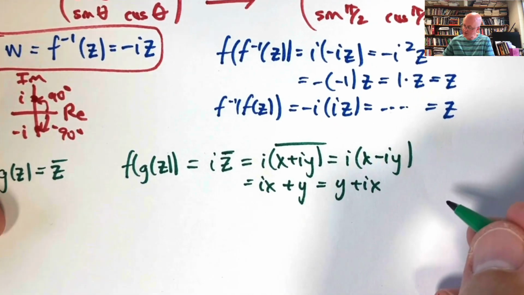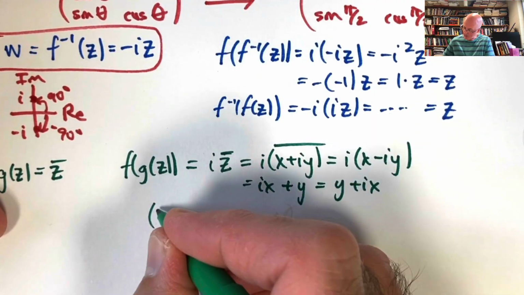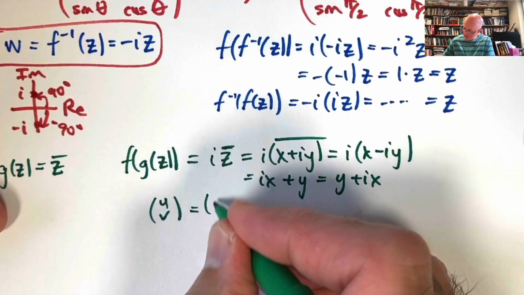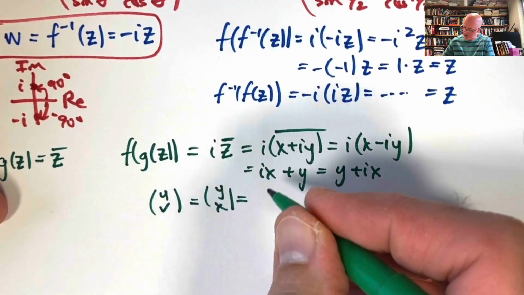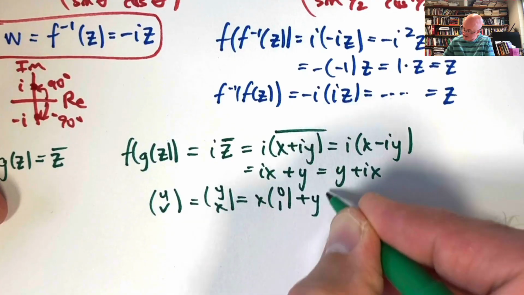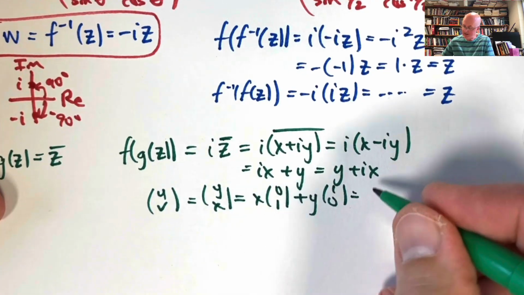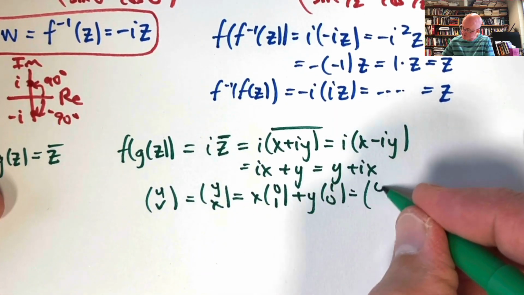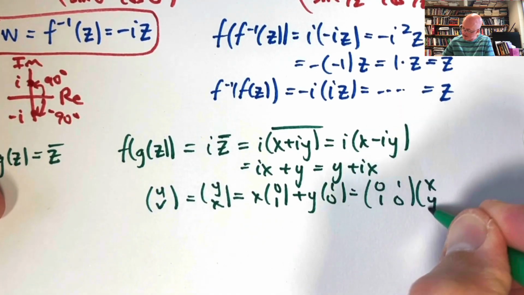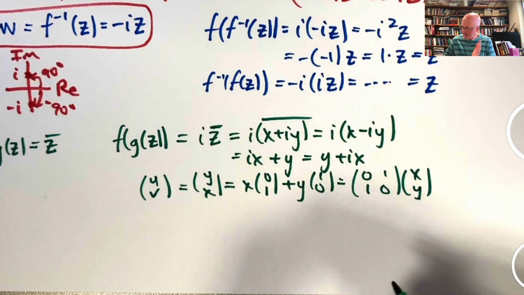In terms of vector notation, what are the real and imaginary parts going to be? They're y and x in that order. I could rewrite this vector as x times 0, 1 plus y times 1, 0. And ultimately, by definition, that's the matrix whose first column is 0, 1 and whose second column is 1, 0 times x y.